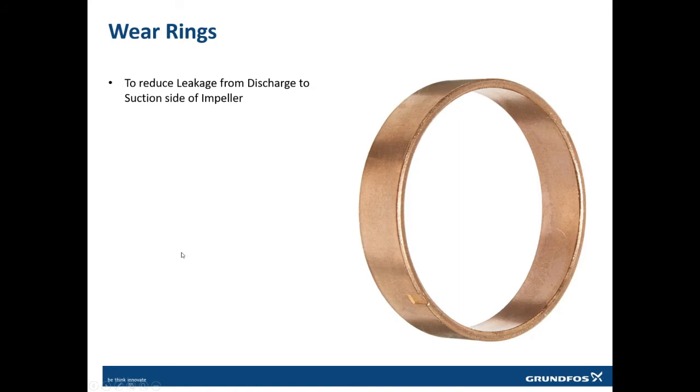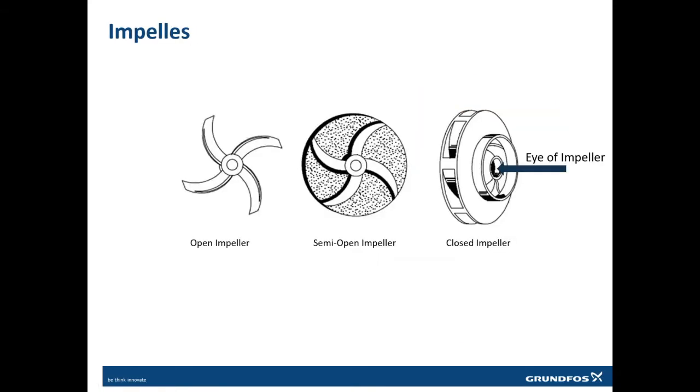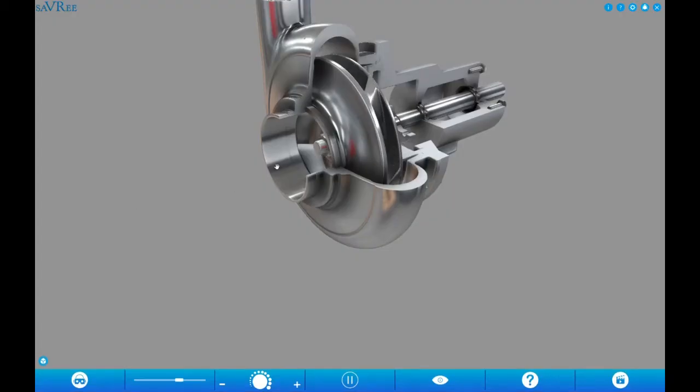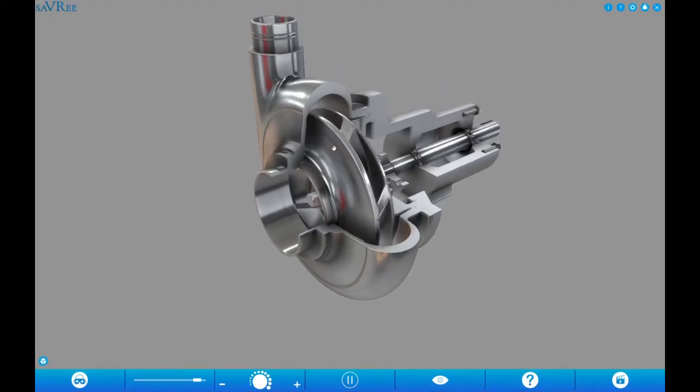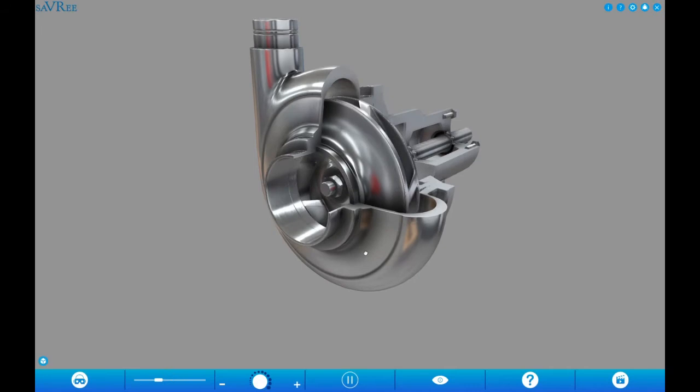Coming back to the next component, the most important component of the pump is the impeller. The impeller is this rotating part which sometimes rotates at a very high speed. This rotating part actually generates the pressure and pushes the water outside through this nozzle, or the discharge port.